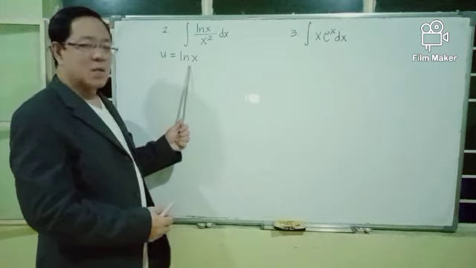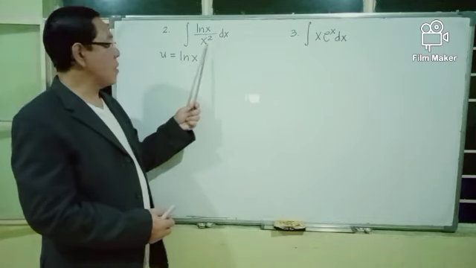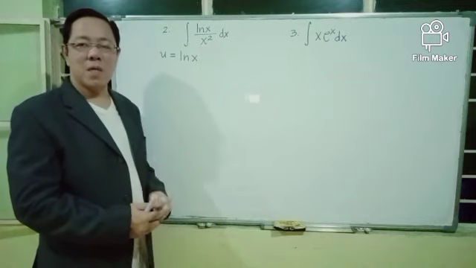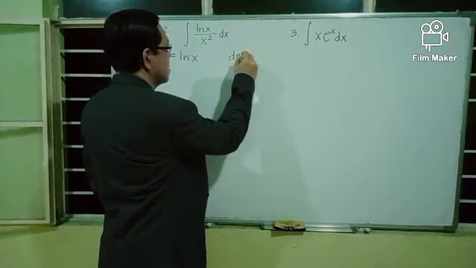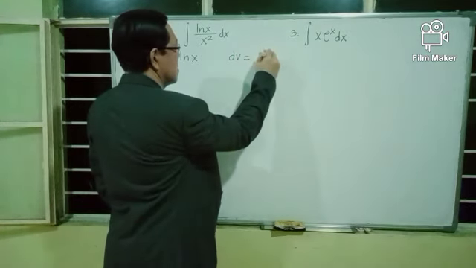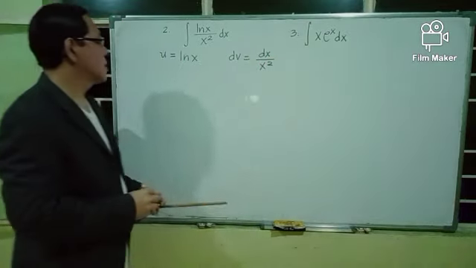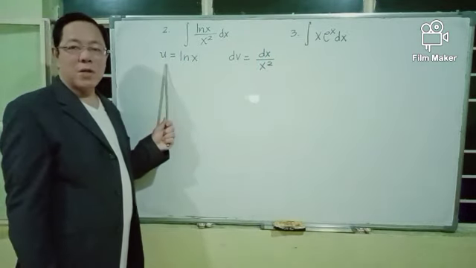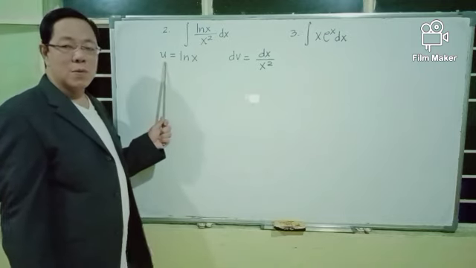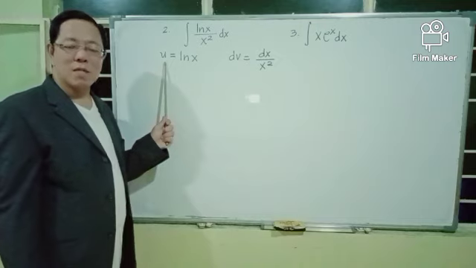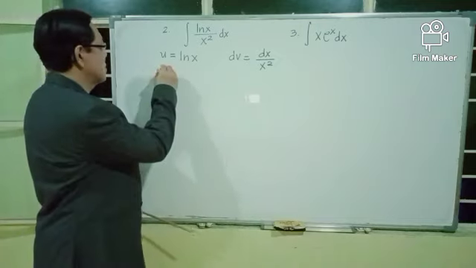So if u is equal to ln x, the remaining expression, which is dx over x squared, would be our dv. For u, we get the derivative of both sides. Derivative of u with respect to u is 1 multiplied by du.